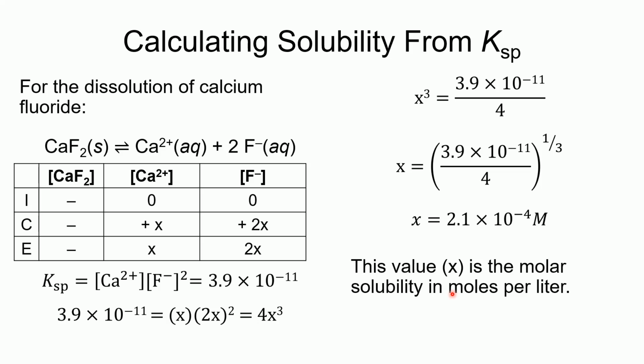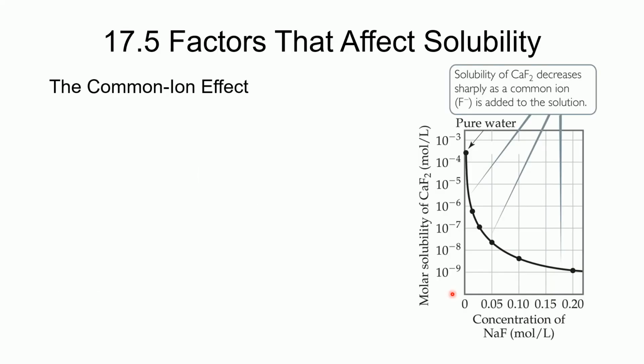Now, before we do one of those on the in-class assignment, I want to show you factors that affect solubility. Our most common factor that affects solubility is the common ion effect, which we're quite familiar with.